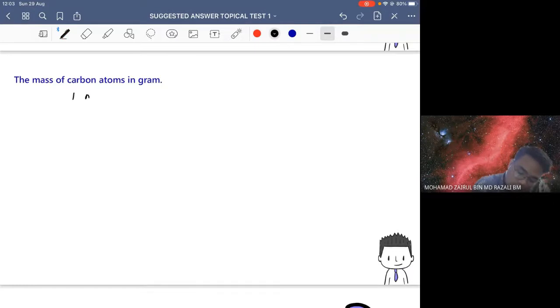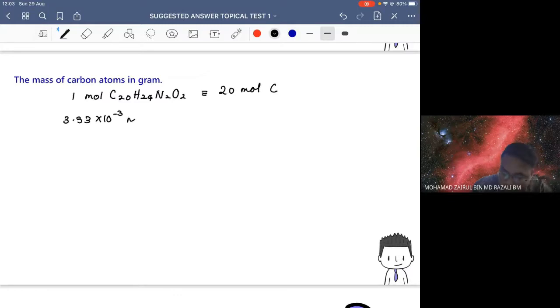So 1 mole of C20H24N2O2 is equivalent to 20 mole carbon. Okay, 20 mole carbon. Okay, we know that the number of mole of the quinine is 3.33 times 10 to the minus 3 mole quinine.